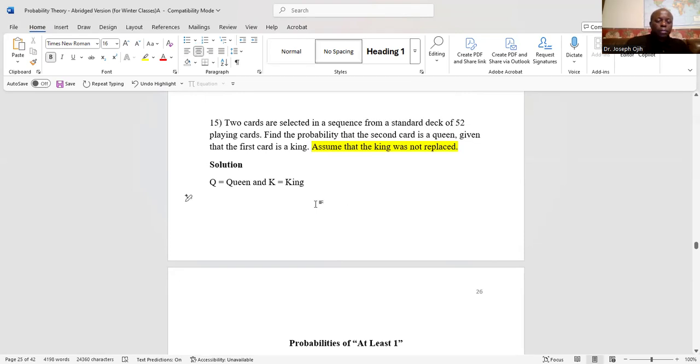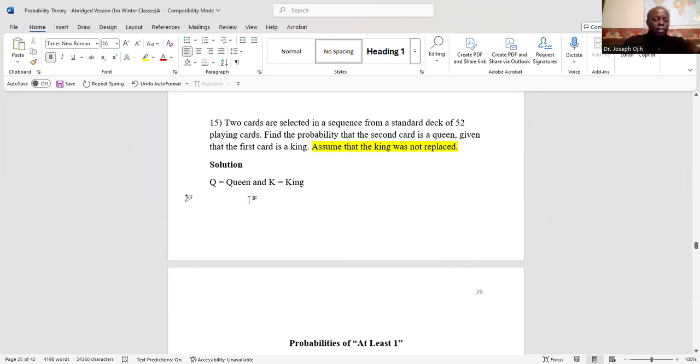Now let's use Q for queen and K for king. In this case, because the first card is a king and is not replaced, the remaining deck now has 51 cards, of which 4 are the queens that we are looking for.